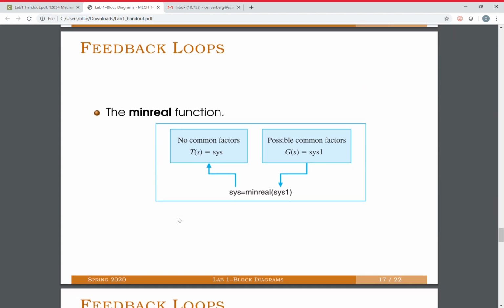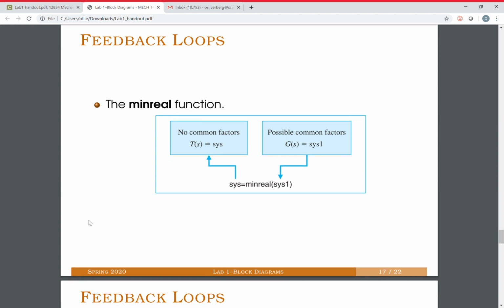Okay, just a couple more slides. We'll look at the minreal function. What minreal does is, if you have a transfer function with a bunch of large numbers as the coefficients for the numerator and the denominator, and say also there are some poles and zeros that can cancel, the minreal function will simplify the system down to its most basic form.